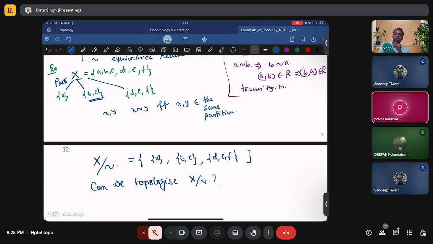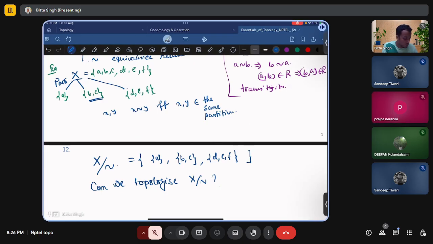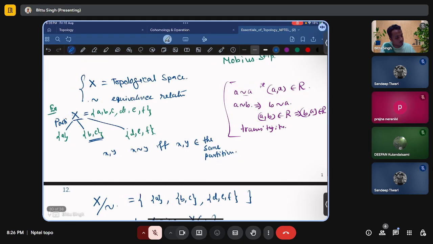If the topology contains these elements only, then we can make a subspace topology out of it. Yes, you can think in that direction, but that direction will not use this kind of equivalence relation. I want to use that relation also.